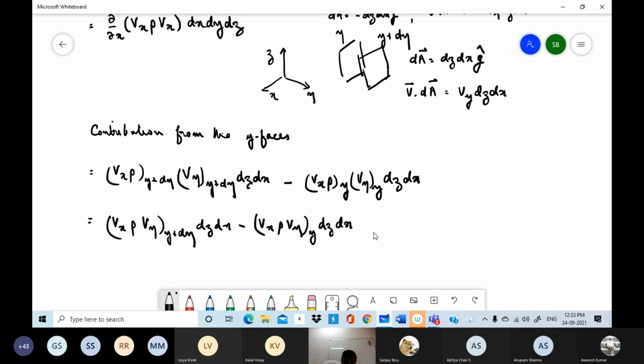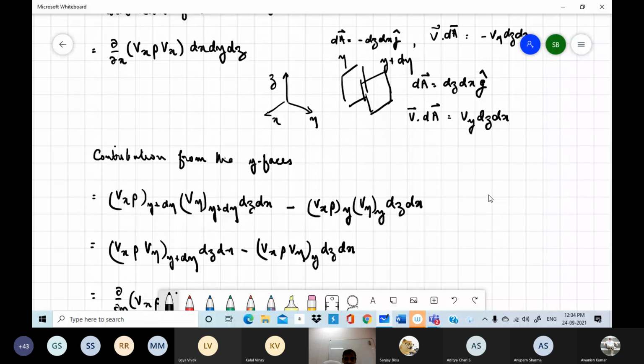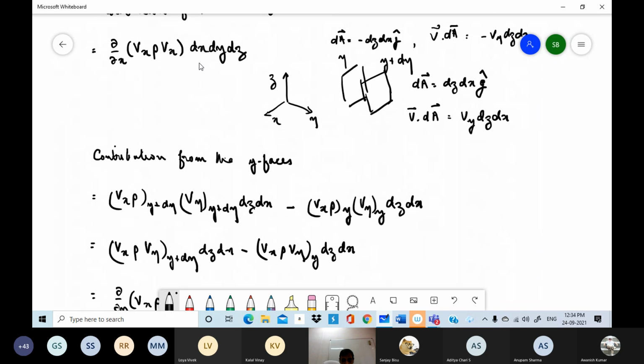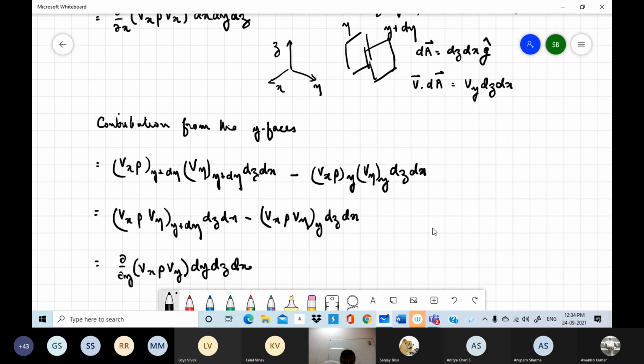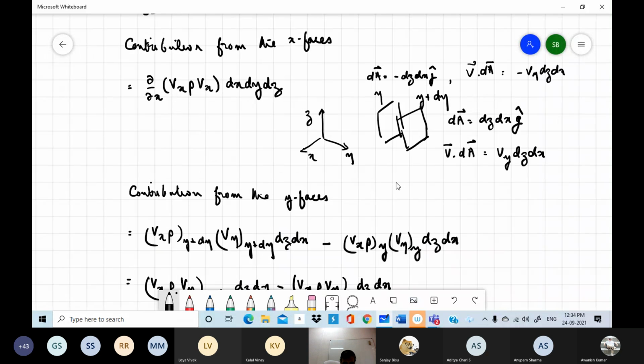So if I Taylor expand this, so if I compare the contribution from the x faces and the contribution from the y faces, here I had this factor dx, dy, dz.